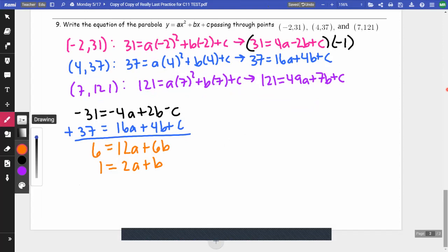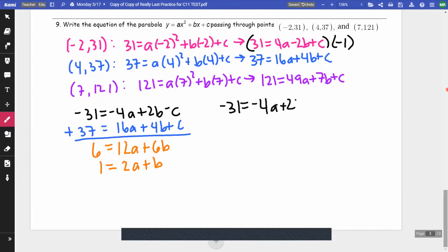Okay, and I'm going to take that same negative 31 equals negative 4a plus 2b minus c. This time add it to my purple one, which is 121 equals 49a plus 7b plus c.